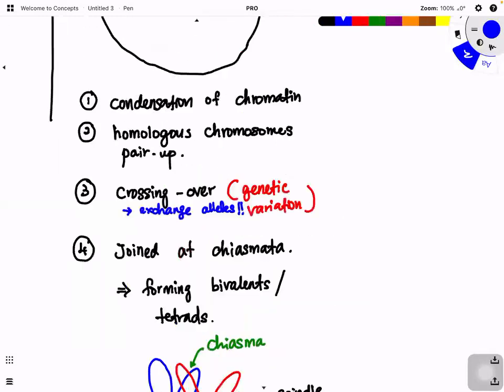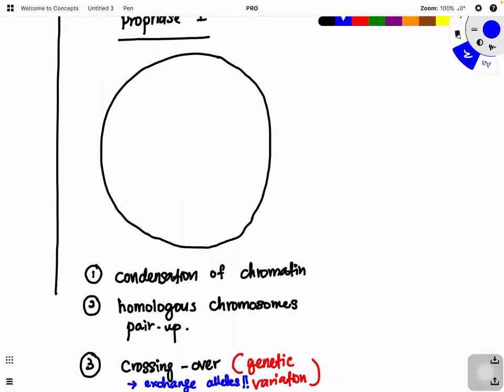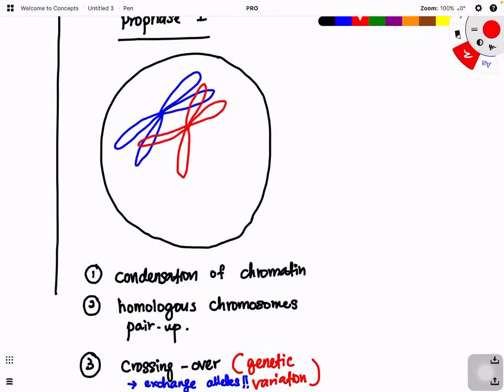So you're going to draw it here. You will see something like this. The blue color and the red color, they're homologous, guys. Then the green color and also the orange color.